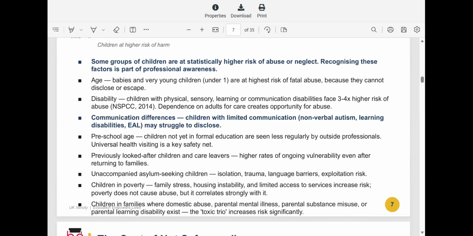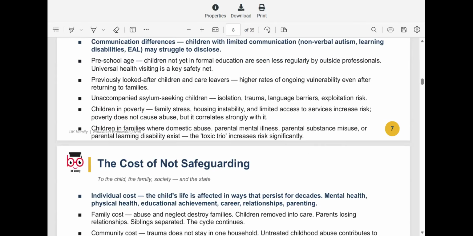So you have age, which is babies and young children under the age of 1, and statistically that's quite the highest risk area. And then you've got people that are vulnerable, with disabilities, people with physical disabilities, developmental disabilities. They're quite vulnerable, and are at another high risk as well. You have people that have behavioral issues, persistently crying, emotional, and you have preschool age as well.